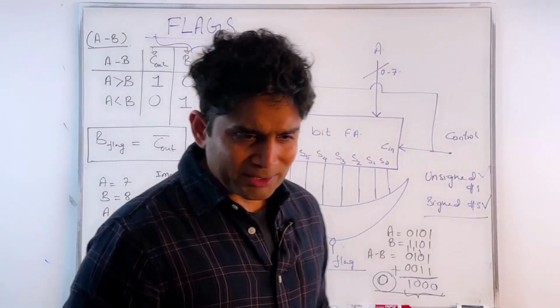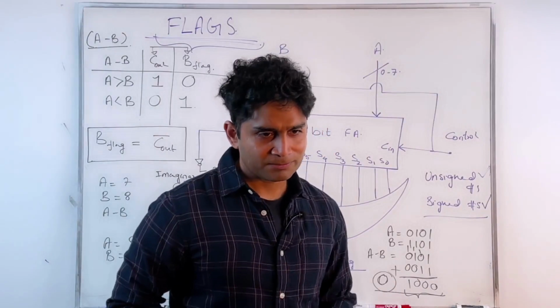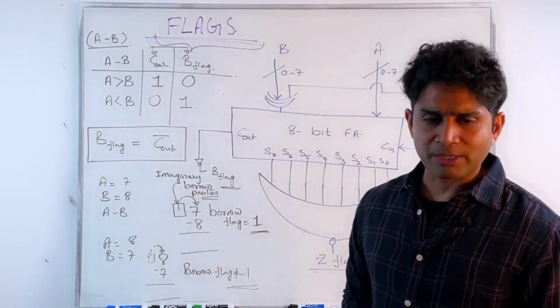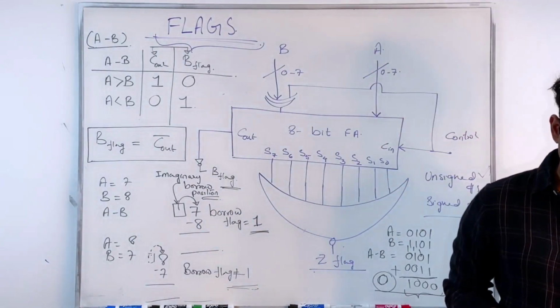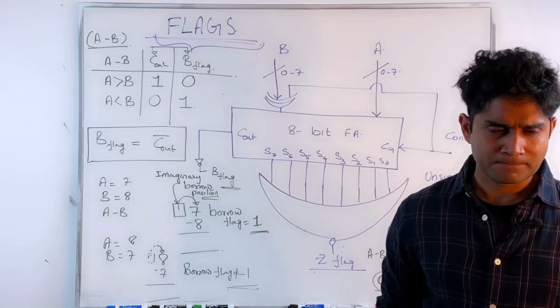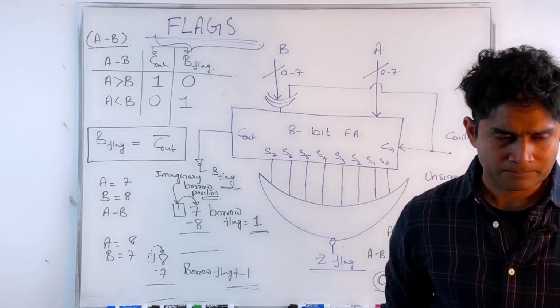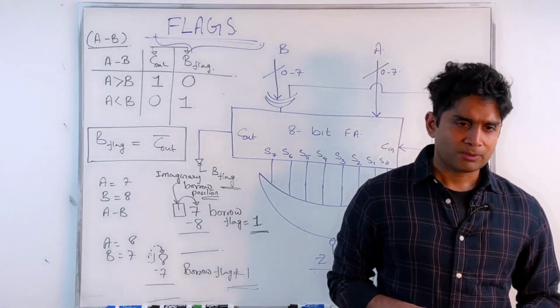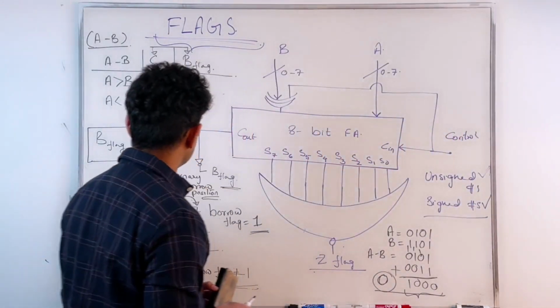Are you with me until this point? Does that make sense? Any questions? Let me just take a pause here and see if you have any questions about anything discussed so far. Okay, no questions?